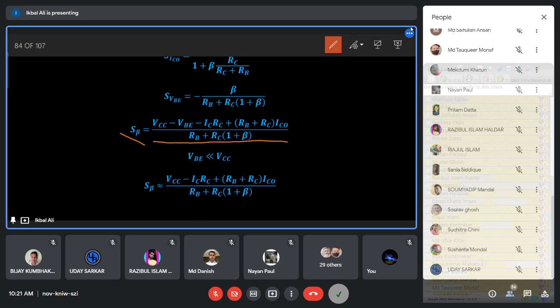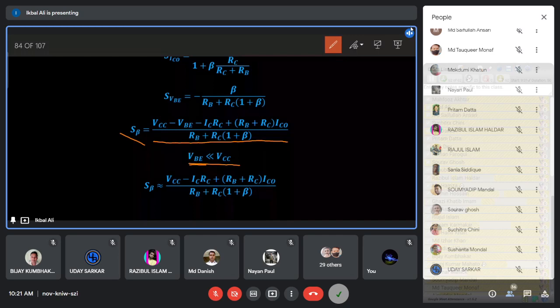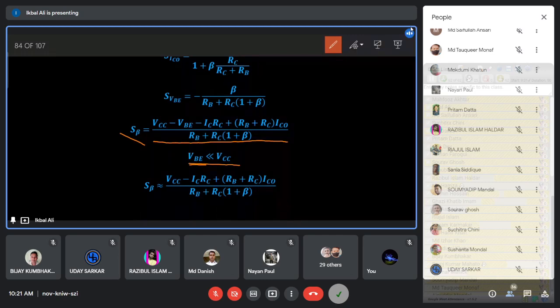S beta is like this one, and we know that VBE is 0.7 volt, which is far less than the VCC, because the supply voltage of this type of biasing circuits is of the order of several volts. That means 10 volt, 12 volt, 15 volt, 20 volt, like this. So VBE, 0.7 volt, is much less than the supply voltage of the battery connected to the biasing circuit.